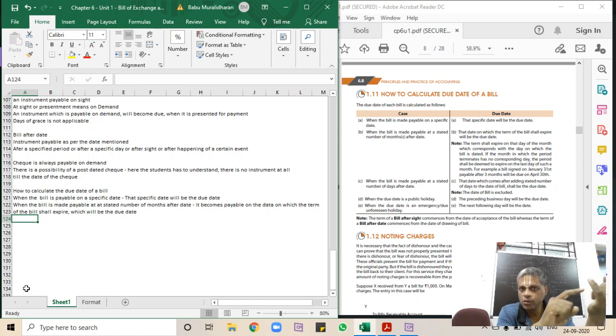The bill becomes due after February, 28 or 29 days, March, 31 days, and April, 30 days, because it is mentioned as 3 months. The bill is drawn on January 31st, and it becomes payable on April 30th.